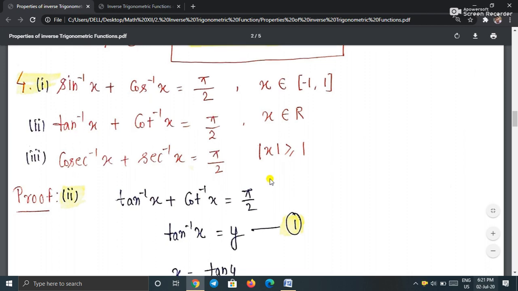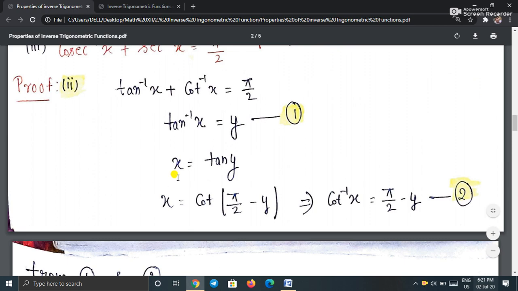Tan inverse x plus cot inverse x is equal to pi by 2. Suppose tan inverse x is equal to y, so x is equal to tan y, right? Now we will introduce cot in our proof. So tan y can be written as cot of pi by 2 minus y.